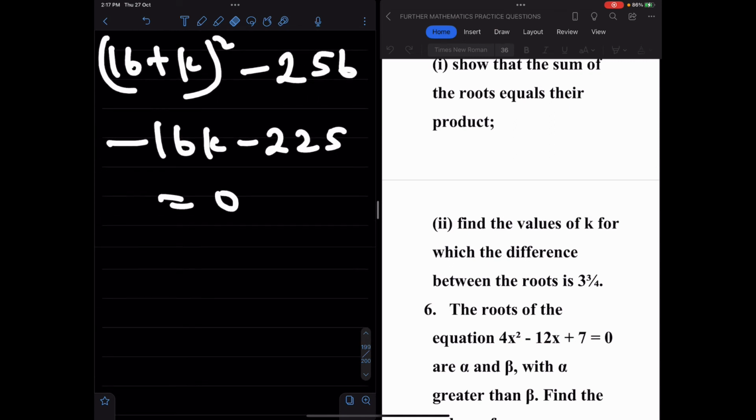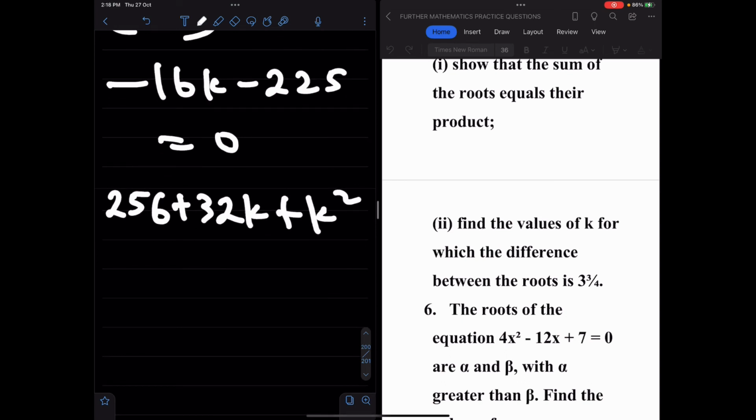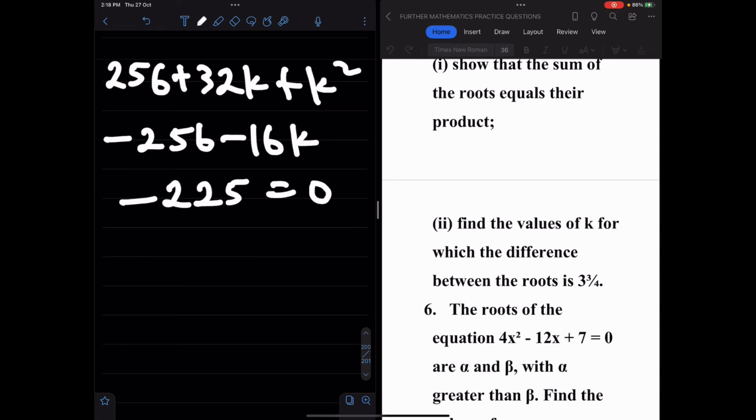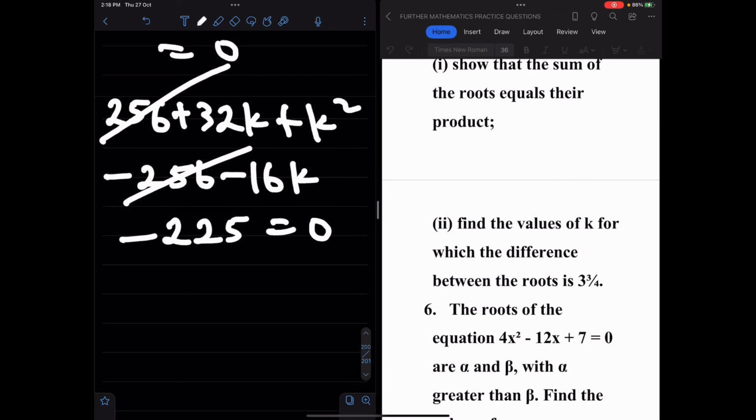Now I can expand this. If I expand the square of 16 plus k, that's the same as 256 plus 32k plus k squared minus 256 minus 16k minus 225 equals 0. And this simply means 256 minus 256 is 0.